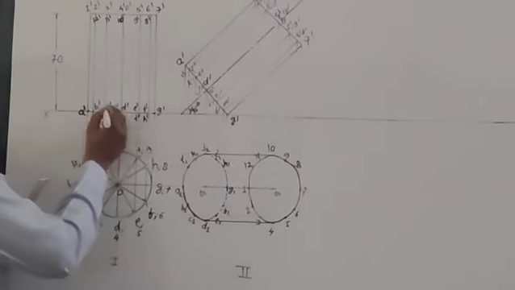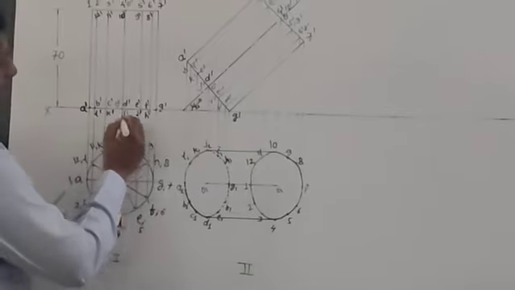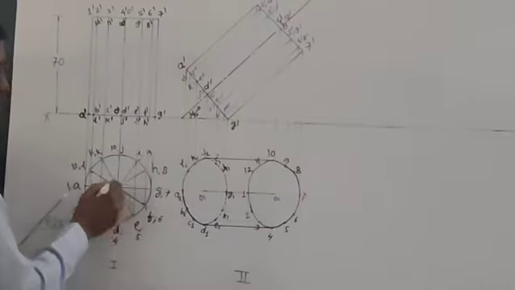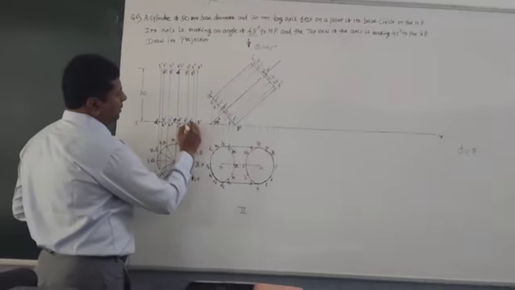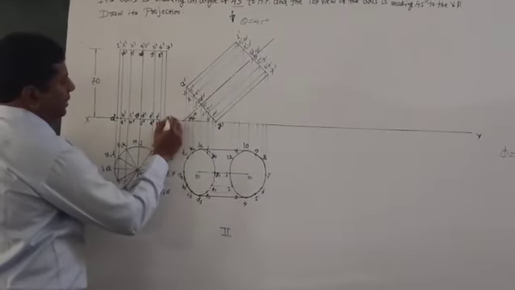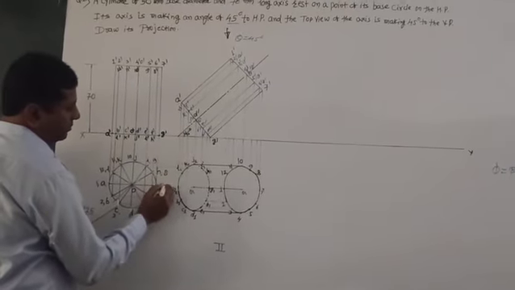Line coming from C and K, C dash and K dash. Line coming from D and J, D dash and J dash. It is also O dash because the center I call O. Line coming from E and I, so E dash, I dash. Similarly, F dash, H dash, and the last point is G dash. Line coming from G, this is my G, and number 7.